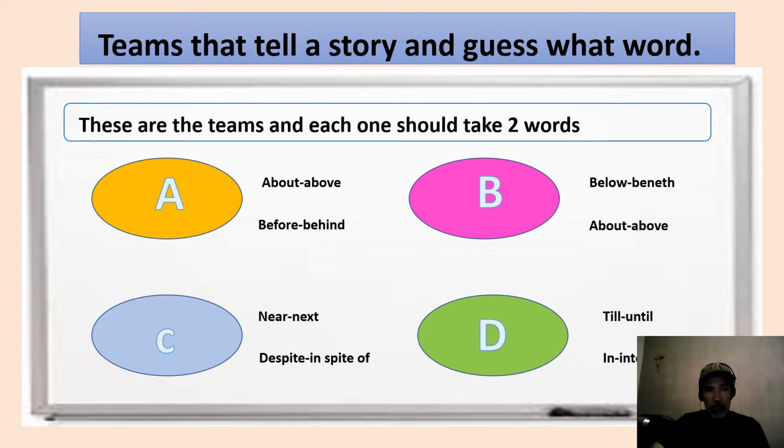Okay everyone, these are the themes that tell a story and guess what word. Here, these are the themes and each one should take 2 word pairs. Theme A will take the words about with above, before with behind.